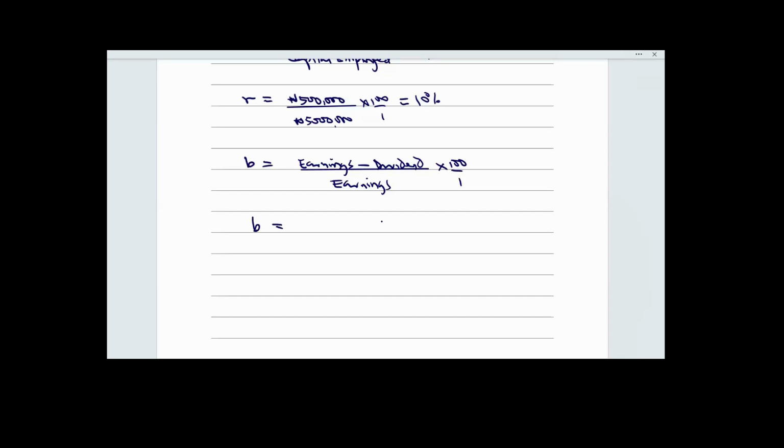So earnings is 500,000. Dividend is 60,000, divided by 500,000, multiplied by 100 over 1.